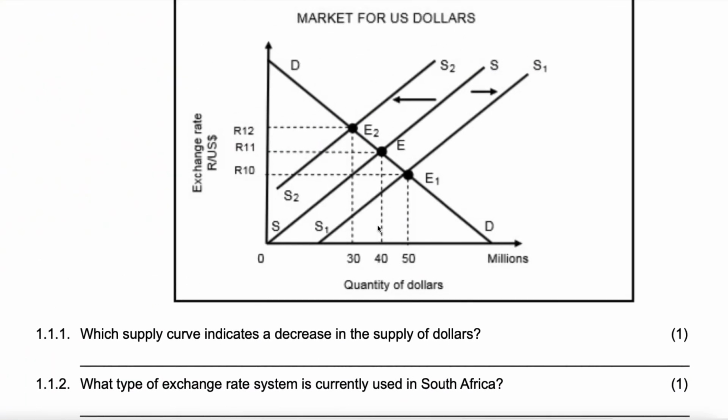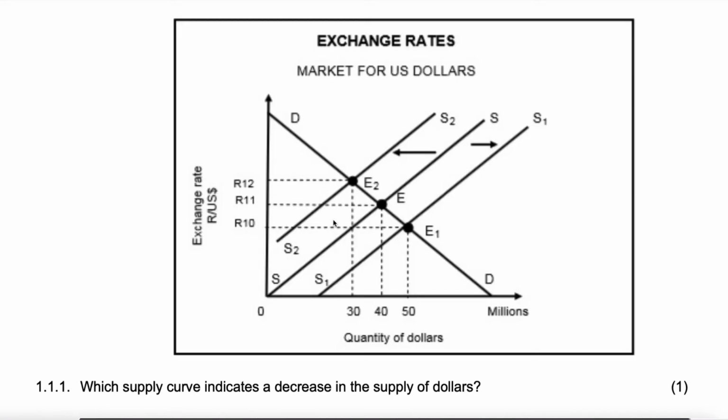If the Reserve Bank took part, we would call it a managed system. If the Reserve Bank had the rand pegged, maybe with a commodity like gold, we would call that a fixed exchange rate system.